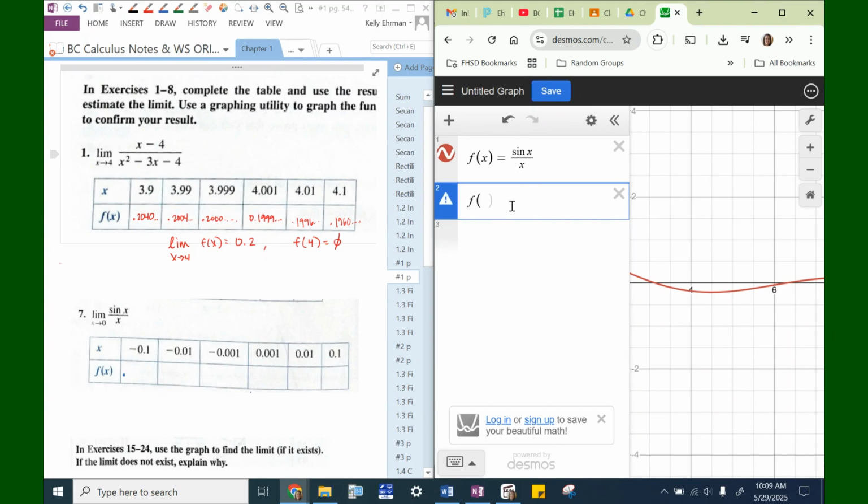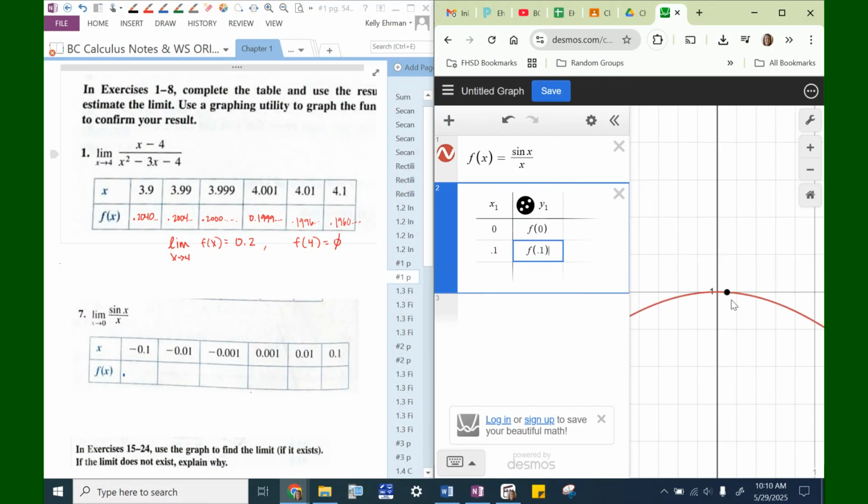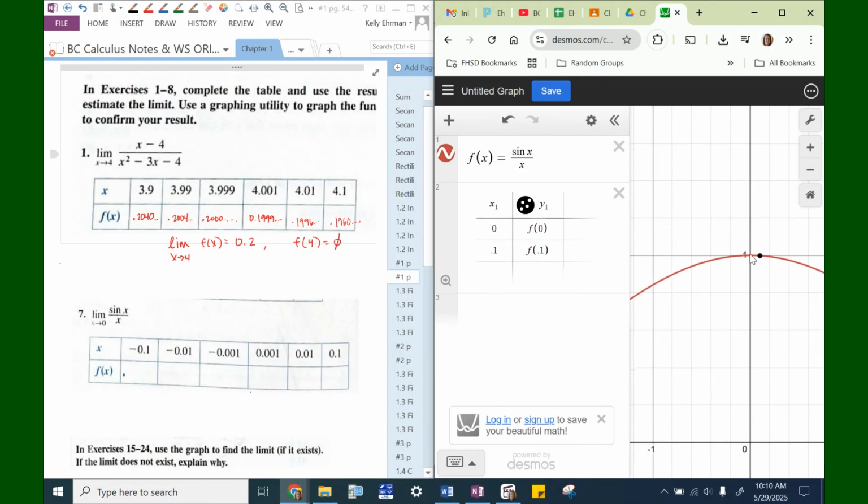So f of 0, you can add a table to this, I should say, and you can put in a couple of values. F of 0 is undefined, so I'm not sure if this is going to work. It doesn't like that. Let's do 0.1 and f of 0.1, and then we'll just zoom around that. That brings me to 0.